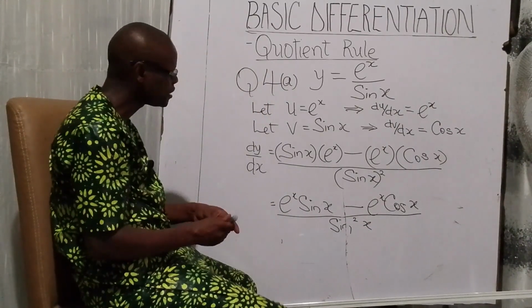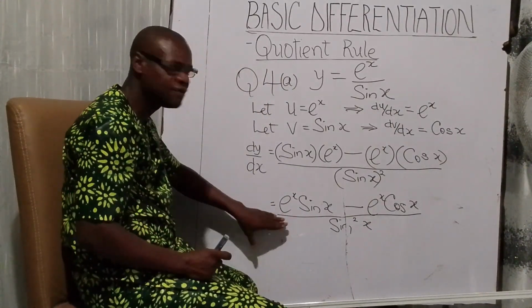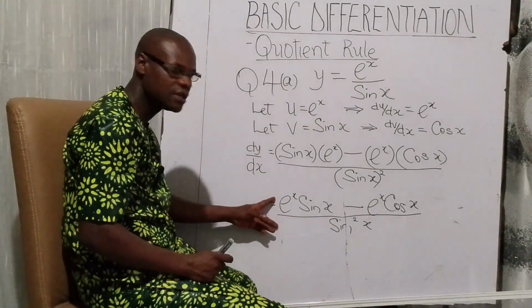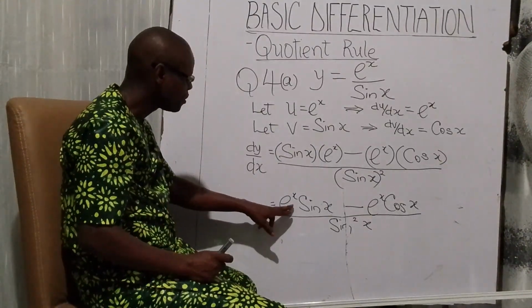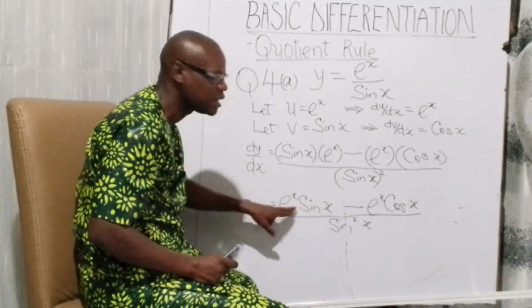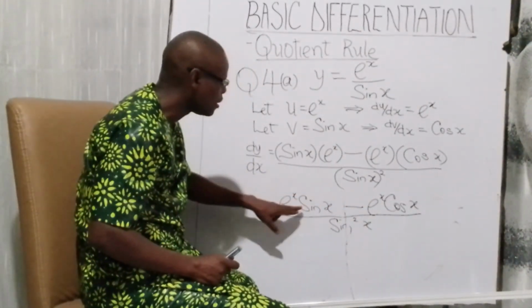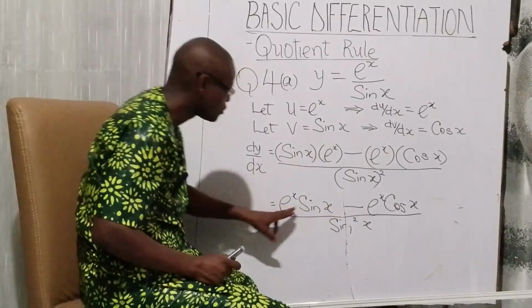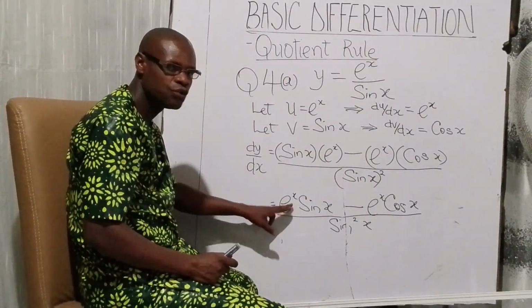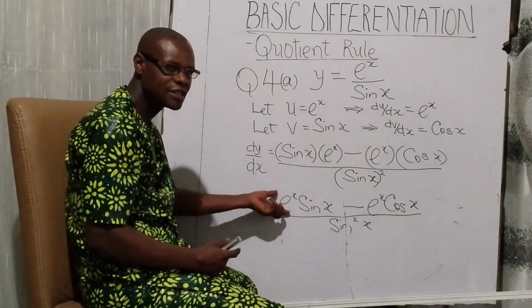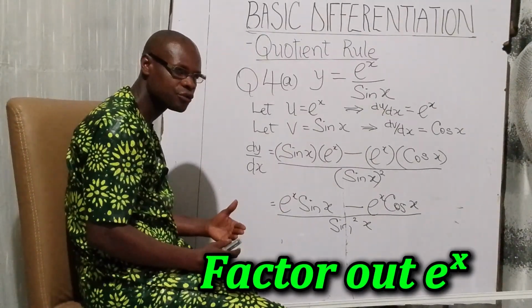But we cannot leave this answer like this, because if you observe this expression very well, you will discover that e raised to power x is common in the numerator. So we use e raised to power x to factor out that expression.